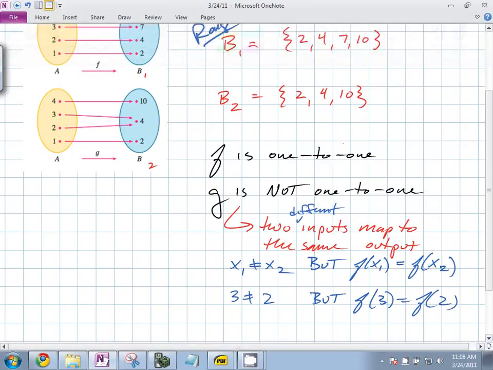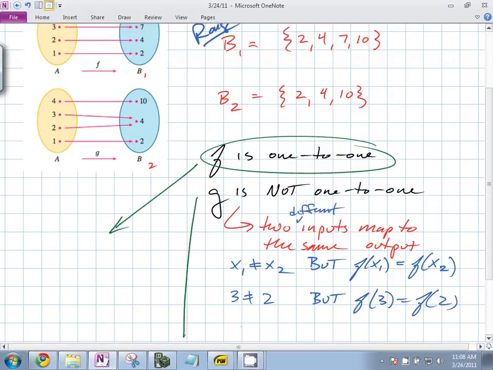We know what one-to-one isn't, but what is one-to-one? So if this is what it means for something not to be one-to-one, can someone come up with the definition of what it means for something to be one-to-one? Yeah. Would it be x1 does not equal x2 and f of x1 does not? Exactly.